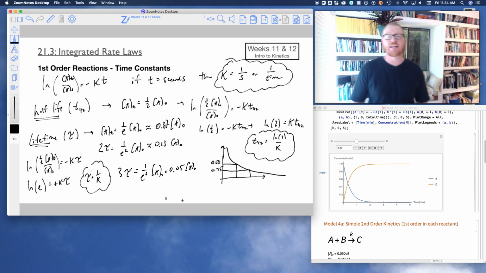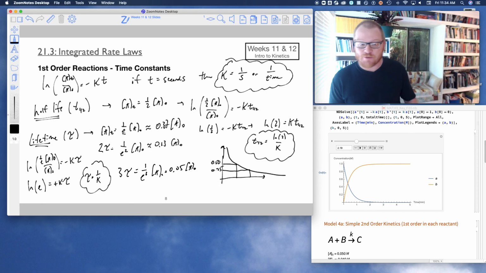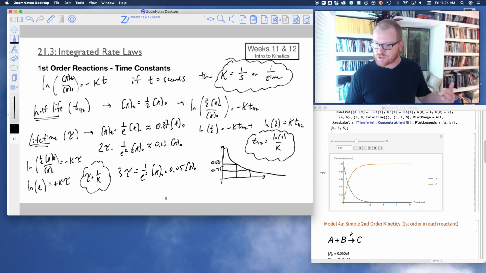So why are these significant? Well, as it turns out, these scale the same way that standard deviations do. Maybe you didn't know that, but one lifetime is actually equivalent to a standard deviation. 2 lifetimes is 2 sigma, 3 lifetimes is 3 sigma, which gets you that 95% of the reactant has decayed.